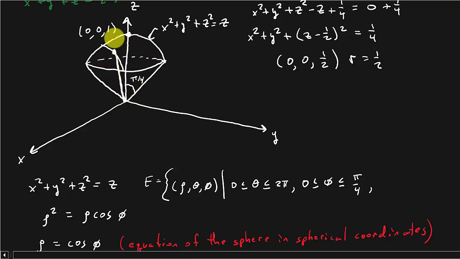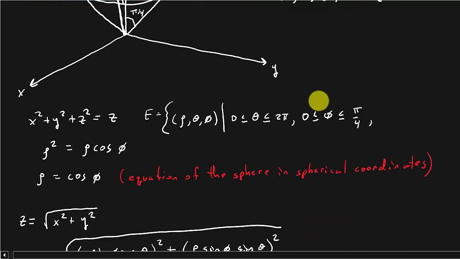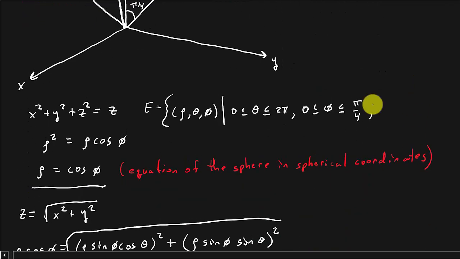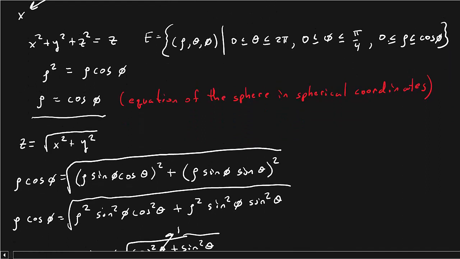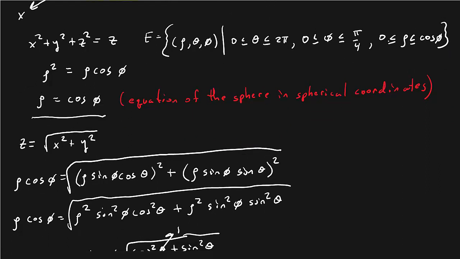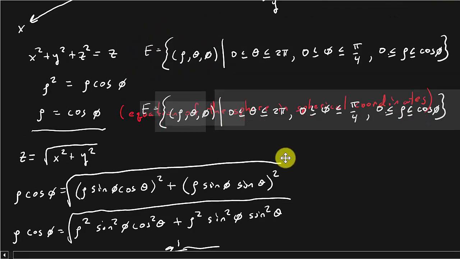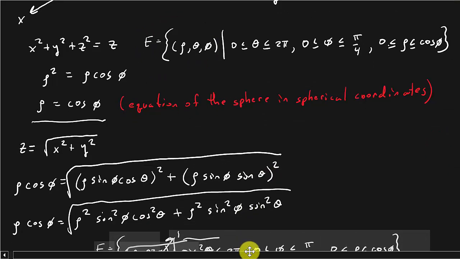Well, remember we need the sphere in spherical coordinates, and that is this. So rho is between 0 and cosine phi. Okay, all right, so let me grab this and just pull it down here so we'll have it.